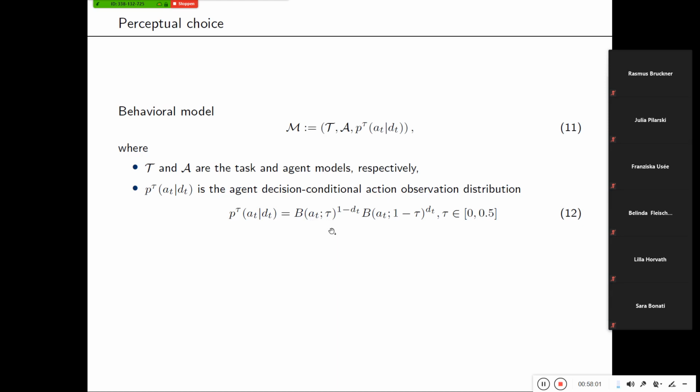This is where you could also use a softmax, for those who know what softmax is. One reason I'm using Bernoulli here is because it's simpler and the parameter is a lot easier to interpret. It's just a Bernoulli, so if it's 50-50, it's full noise, and if it's 0, it's zero noise.